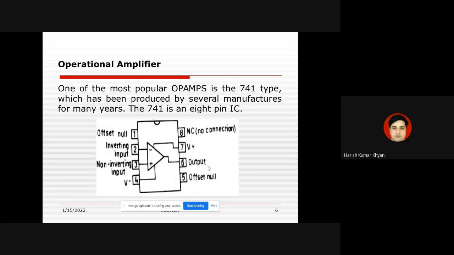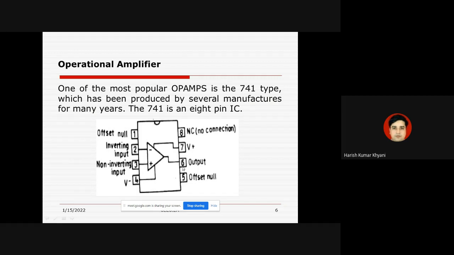Most of you have already studied operational amplifiers. The most popular op-amp is the 741 type IC, which I think you already know. It is basically an 8-pin configuration where we have two input terminals, 2 and 3. Pin 2 is the inverting input and pin 3 is the non-inverting input.